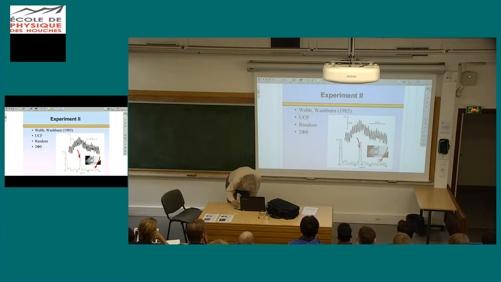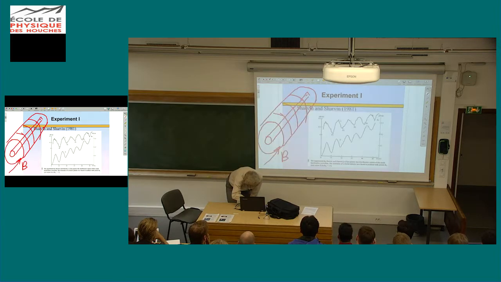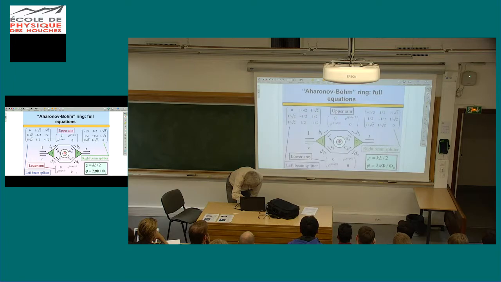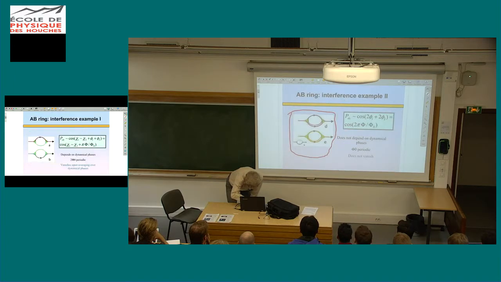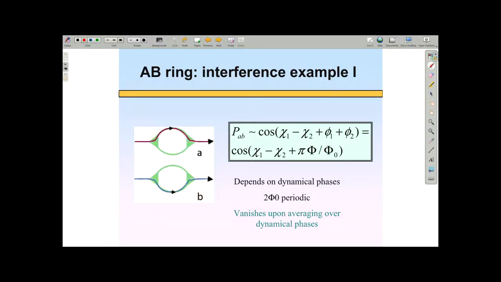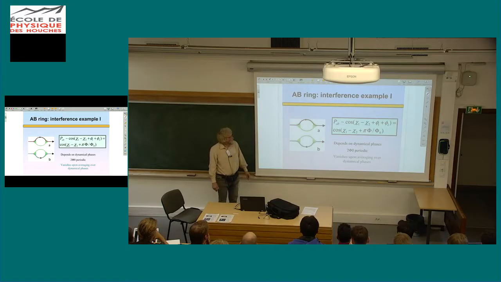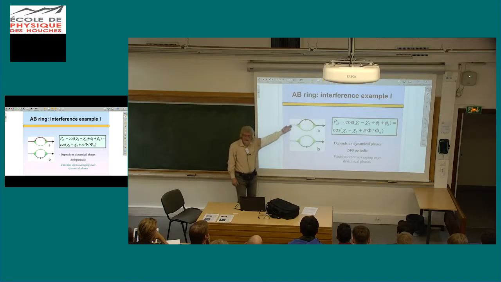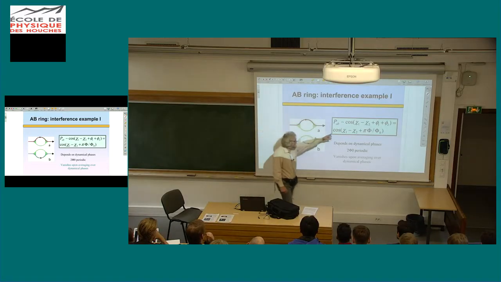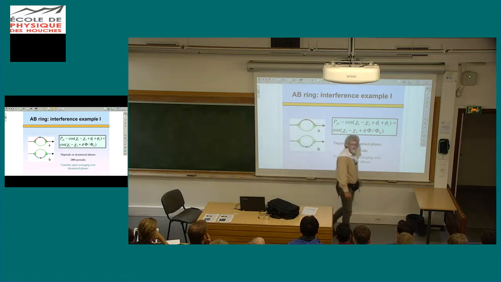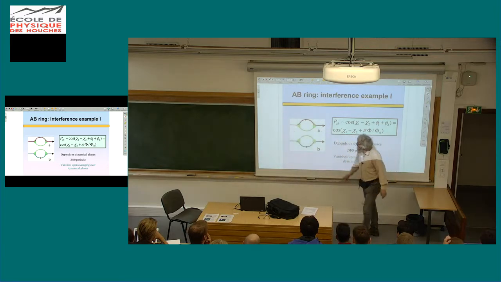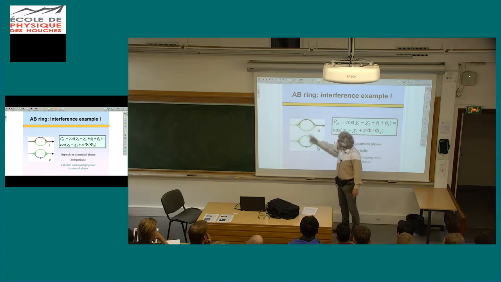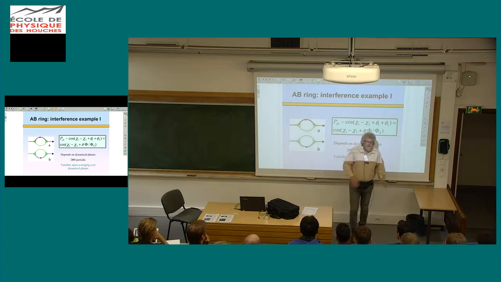Let's see. For instance, this pair. And the interference signal in this case includes dynamical phase. Why is it so? Because paths taken by these trajectories are different.